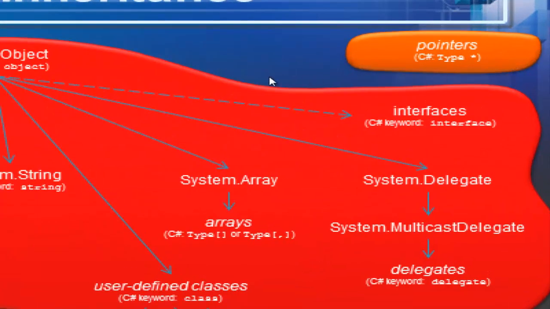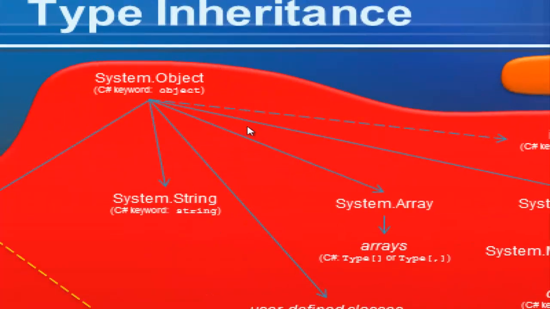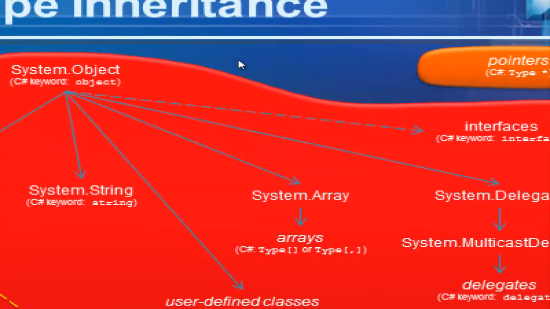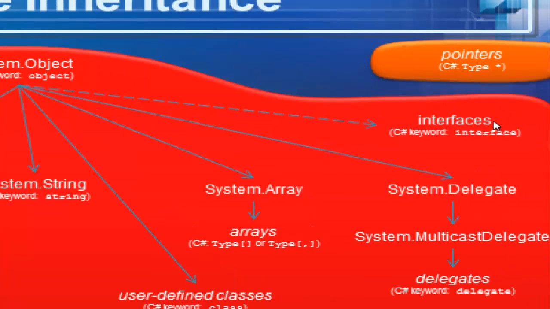From the object type, you can derive the other types. For example, from the system.object there is a derivation for system.string, system.array. Everything inherits from the object type. So you have system.delegate, which also gets inherited. Don't worry about the arrow here, it's just an inheritance that is coming from there.